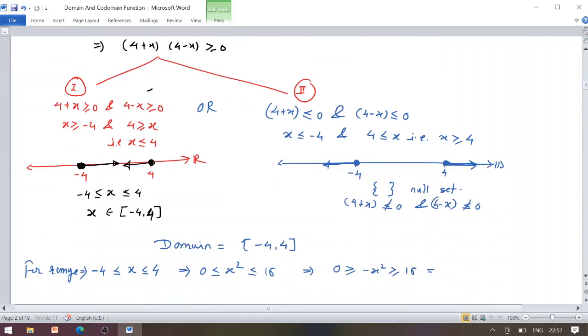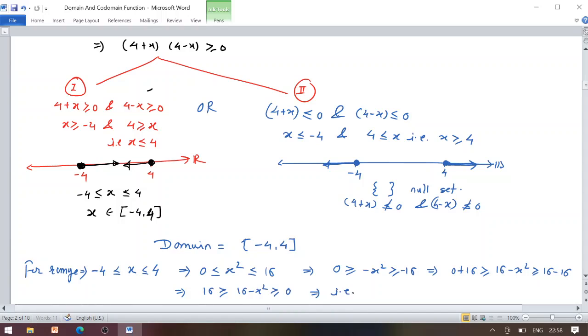So let us add 16 throughout the inequality. We get 0 plus 16 is greater equal 16 minus x square, which is greater equal minus 16 plus 16, becomes 0. So 16 is greater equal 16 minus x square, which is greater equal 0.